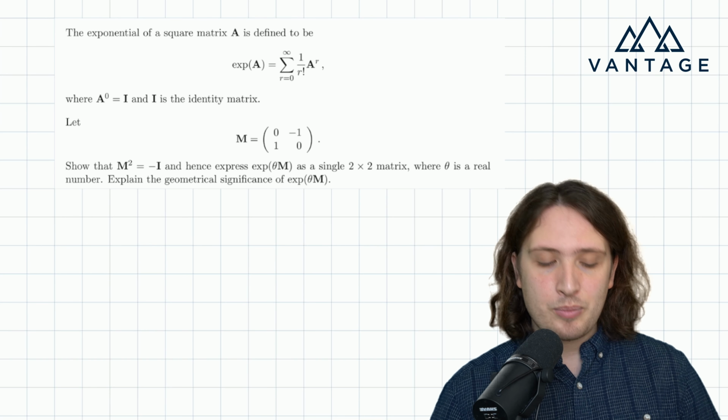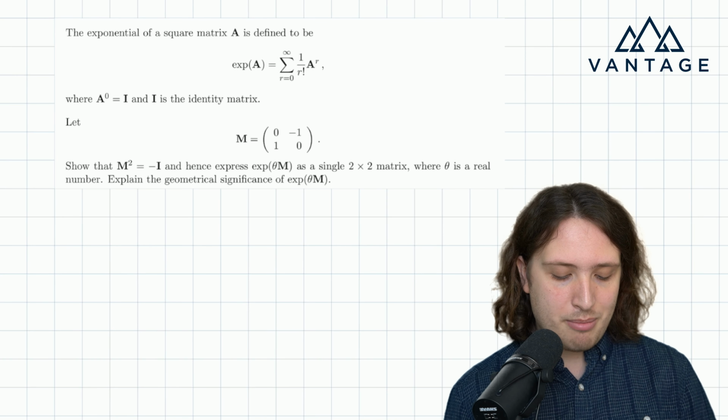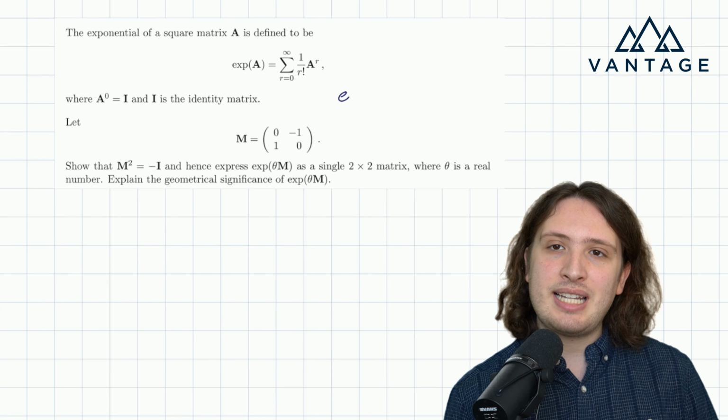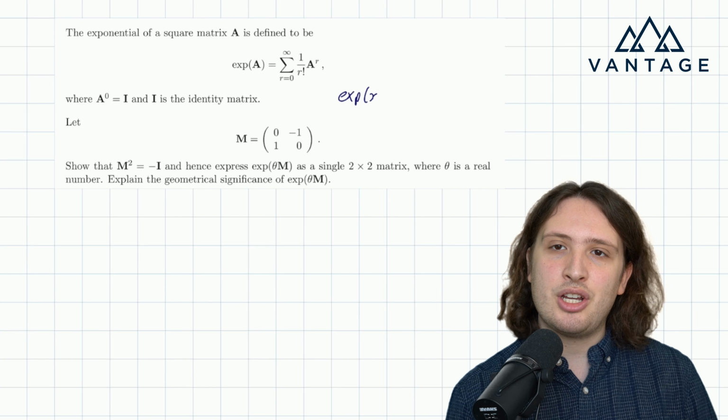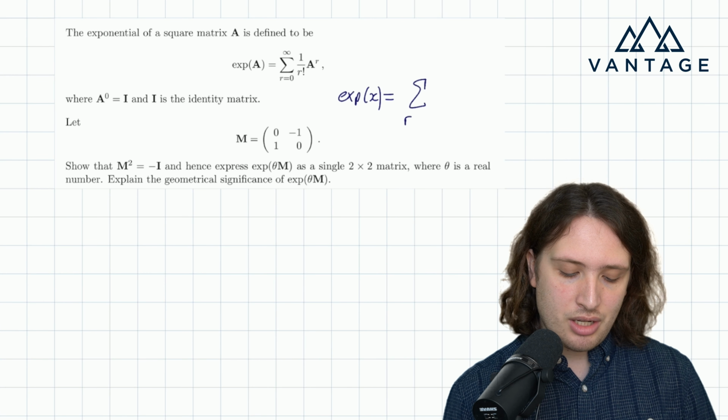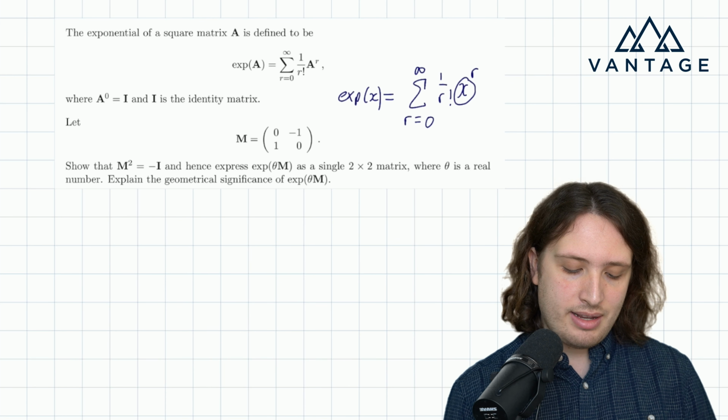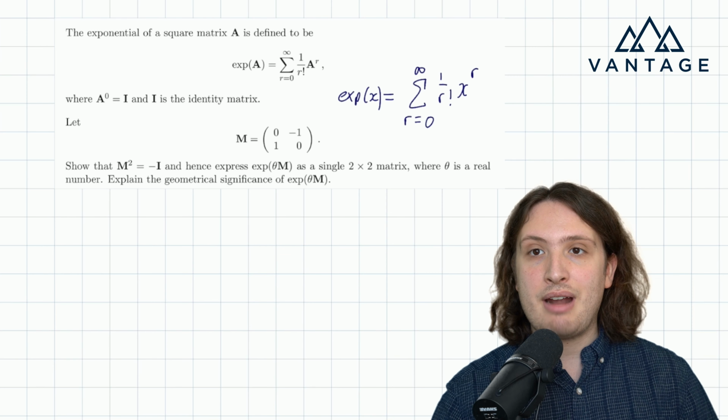So we have this notion of an exponential of a matrix, and it makes perfect sense when you remember the definition in terms of a Maclaurin series for the exponential of a numerical variable. So we have exactly the same expression where it's just x, some numerical variable x.